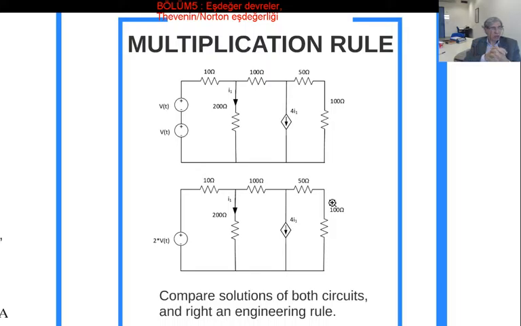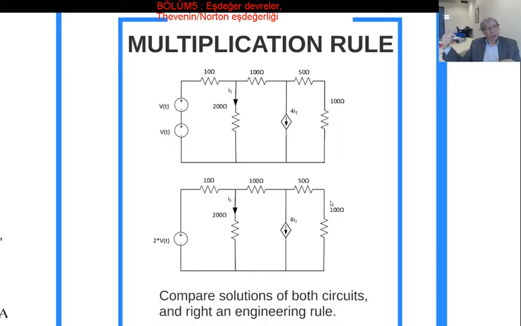What does this mean? Assume that you've got a circuit and you've got one independent source, let's say a 1 volt independent source, and you analyze and find the results. If somebody tells you, if I replace the independent voltage source, not 1 volt, but make it 10 volts, what would be your solutions?